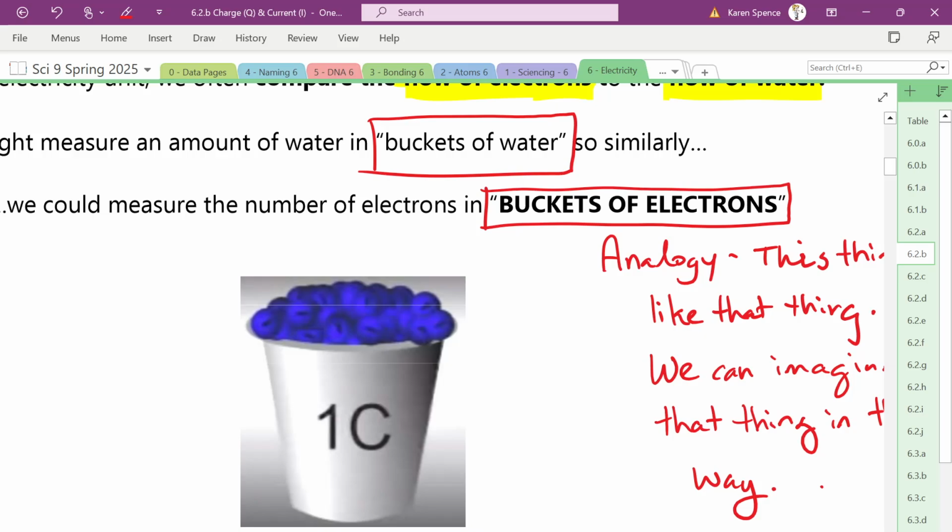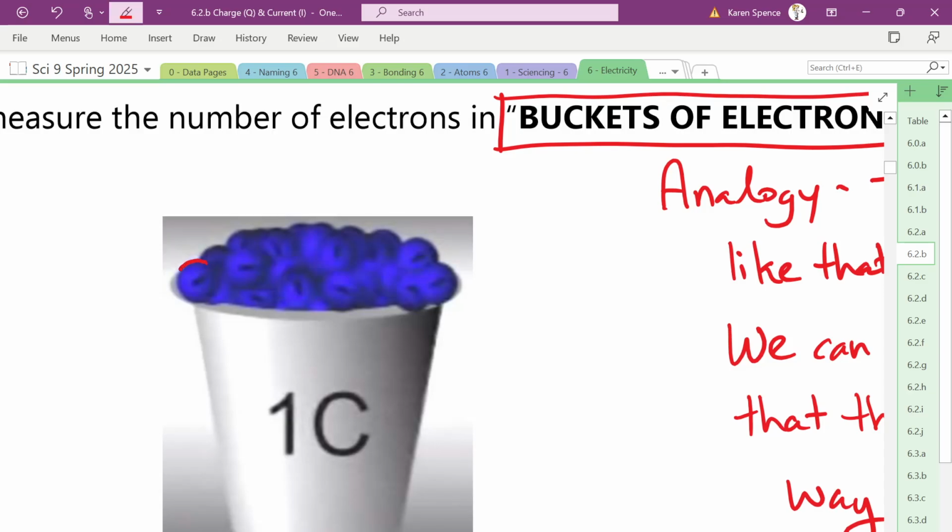But here you can see we have our little electrons. There's an electron, there's an electron, there's an electron. They're kind of dark, so you can't really see, but they all have little negative charges on them. Okay.